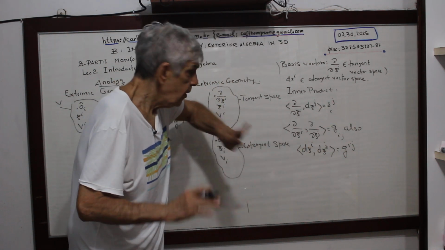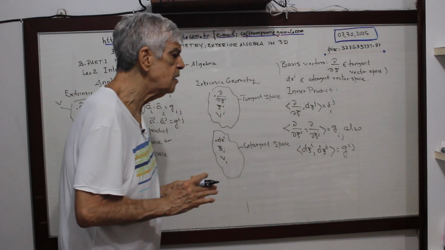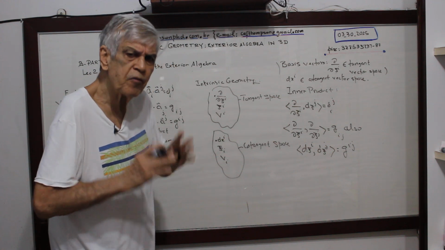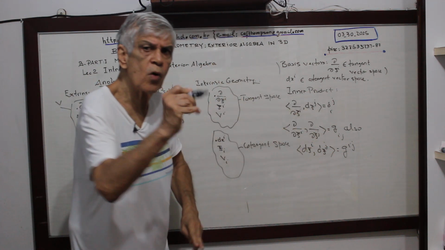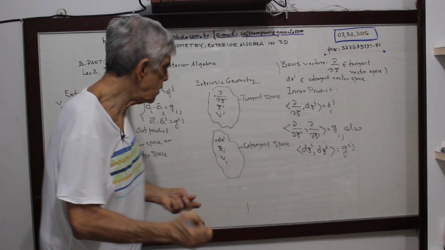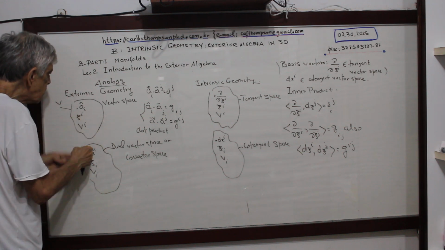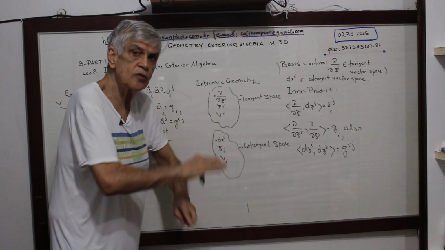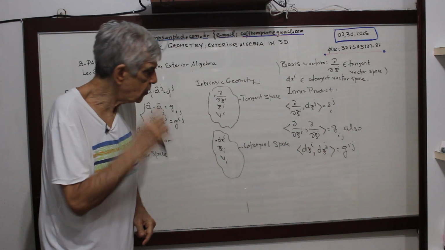So here we don't talk. I'm insisting and emphasizing what I said. There is no vector here. There is no arrow. There's an arrow here. You see? It's a vector. There is no such word here.